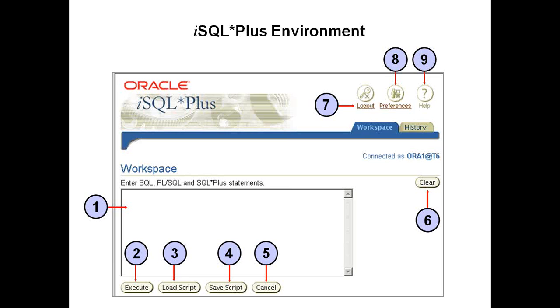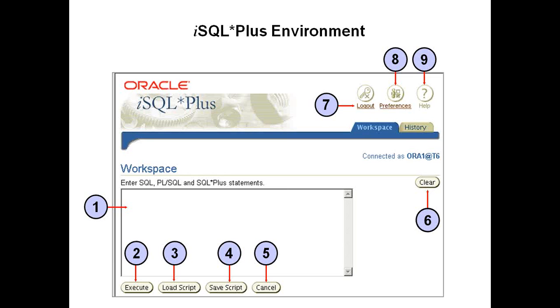Especially this helps in cases where the developers have written a very long SQL script, containing somewhere around 100 or 200 lines. In those situations you can make use of this load script mechanism. And if you have written something, you can save that also as a script.